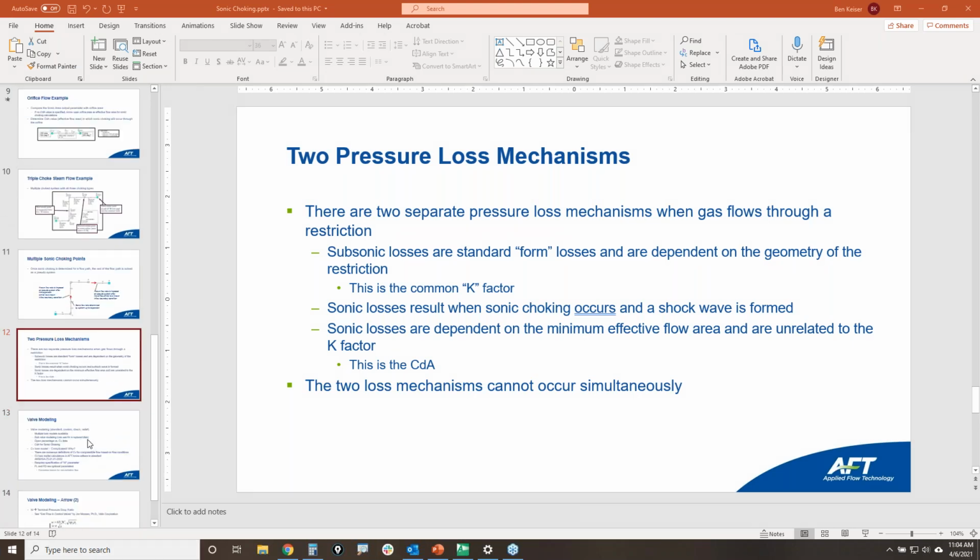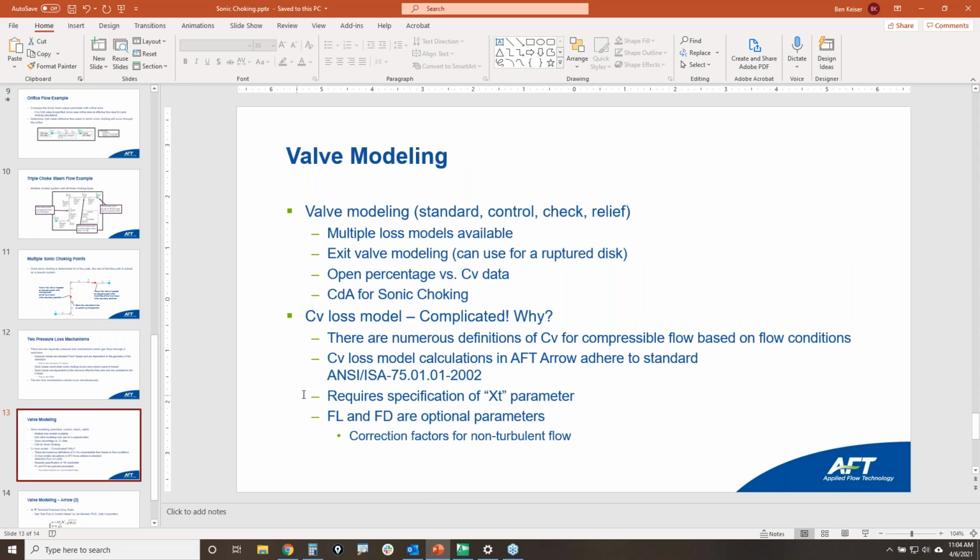And then one other thing to keep in mind just on valve modeling with AFT Aero is that the CV calculations are more complicated than in incompressible flow. They deal with this XT parameter as well as the FLFD parameters. And so just so that everyone's aware, AFT Aero uses this standard for the flow code.